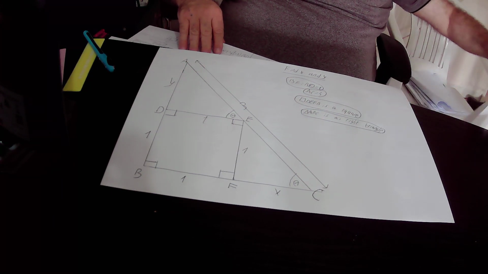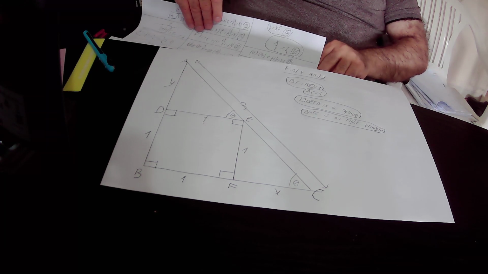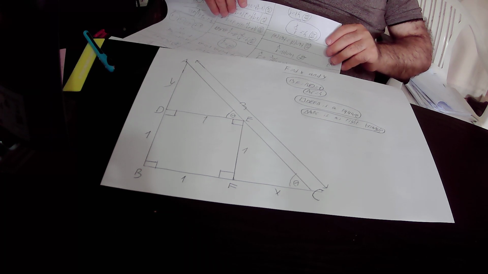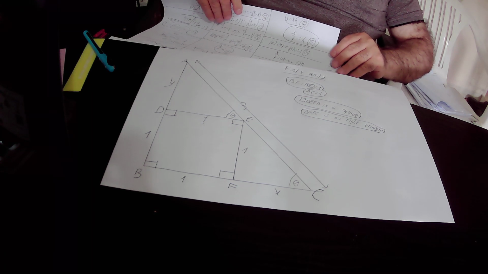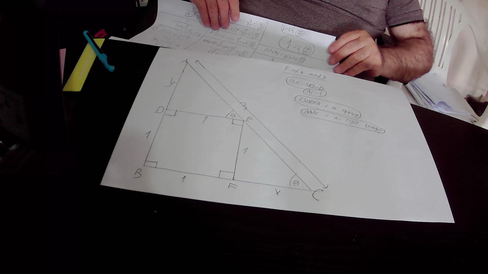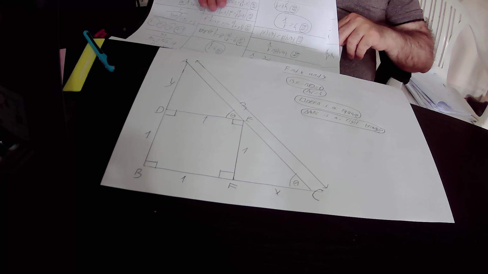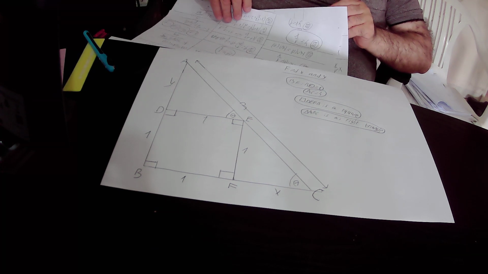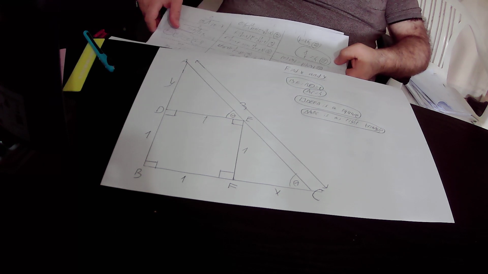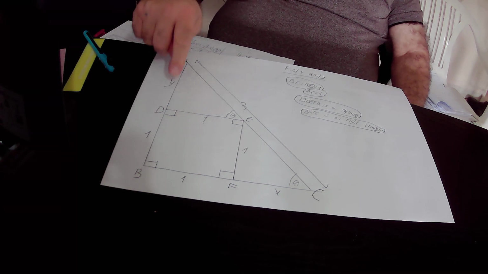And then in triangle ADE, we also know that AB is a straight line, because it is one side of the right triangle, triangle ABC.